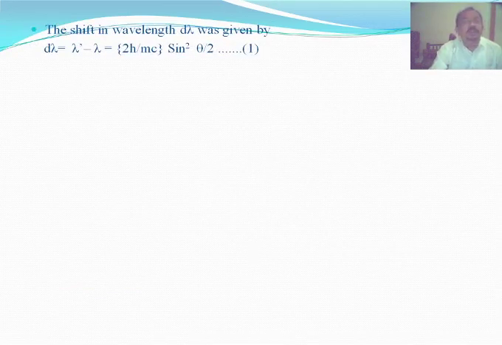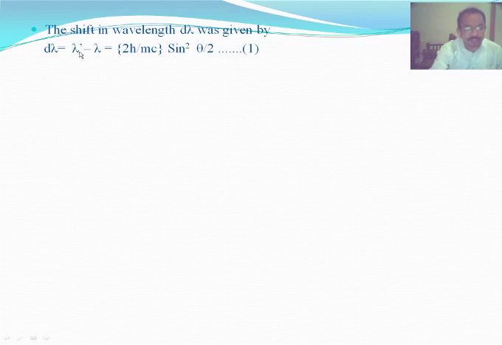Now, by considering the collision between the photon and the electron, he gave an equation. That equation for the change in the wavelength, or increase in the wavelength, d lambda, called the Compton shift or wavelength shift, is equal to lambda dash minus lambda.